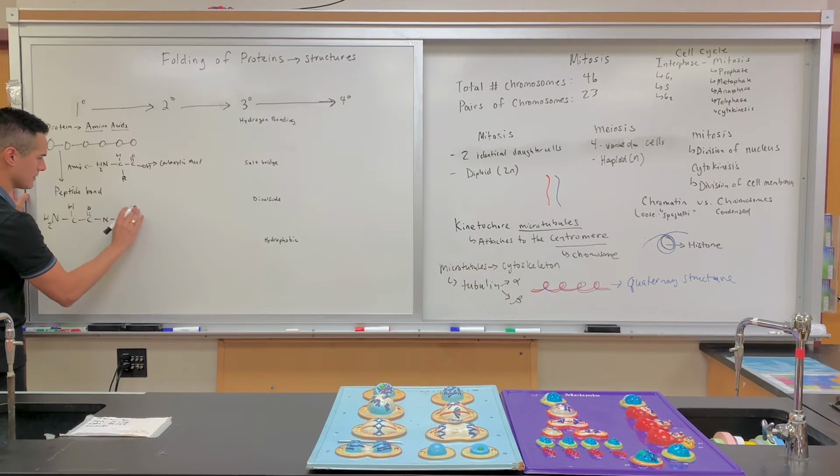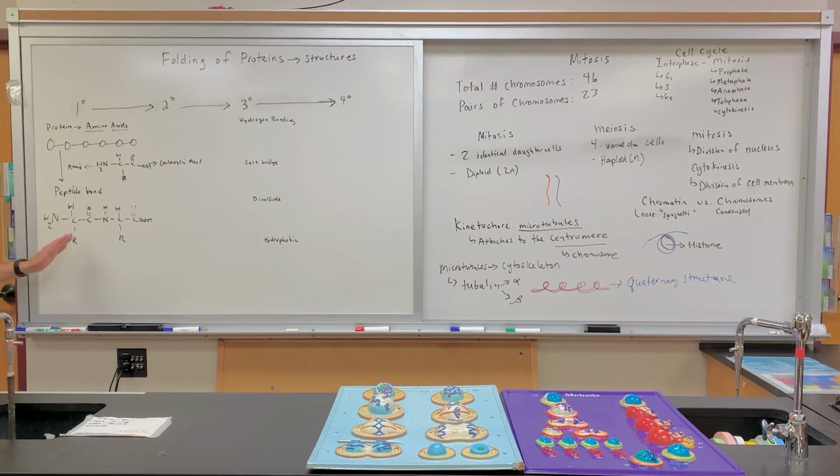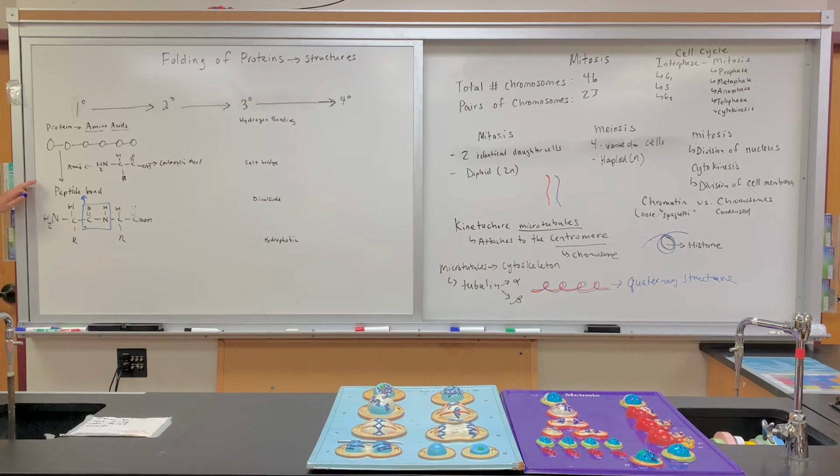I'm going to write this COOH. This is an H, and this is an H, and this is the R group, okay? So I have two amino acids here that are held together by this part in blue. This part right here is known as the peptide bond. All right, so fairly straightforward. It's just a linear sequence.